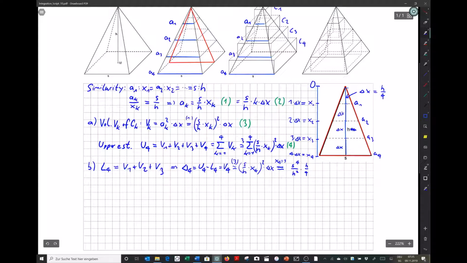And let me name that number 5. We could obviously simplify this by cancelling out H versus H squared, but we'll leave that for the moment.